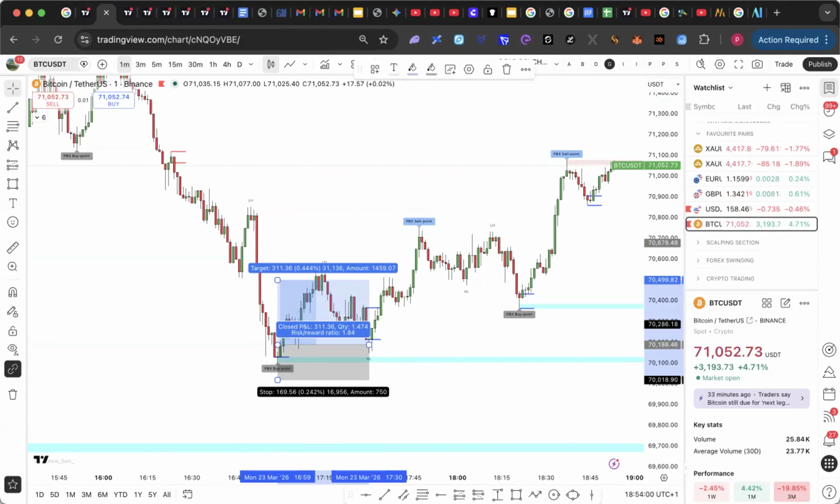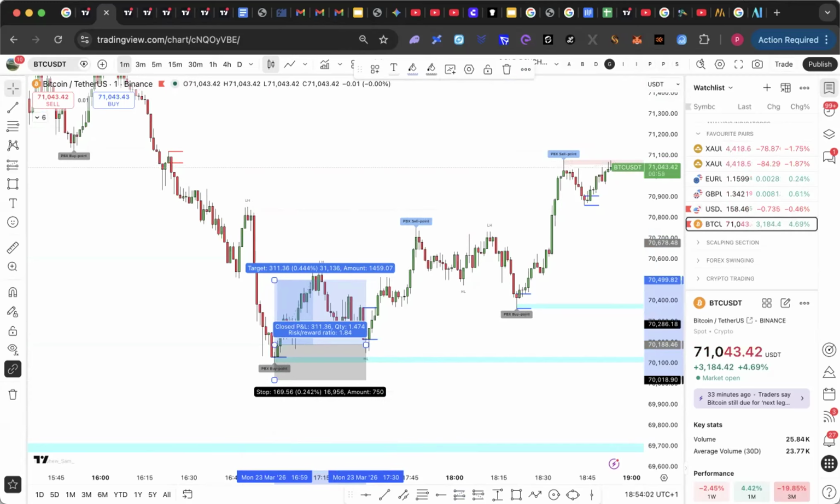So 0.05, just calculate like this. 0.05 multiplied by 167 or 170. So let's call it 170. Oh, it's big too. $8. So you're cool, right? So that means you're going to use 0.05.